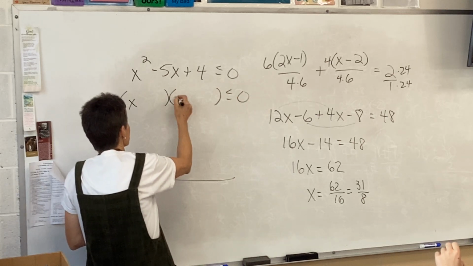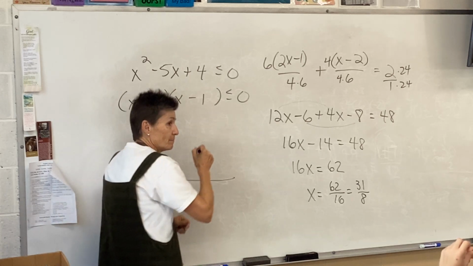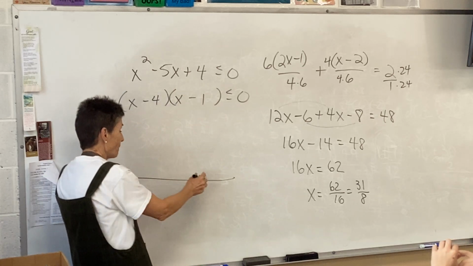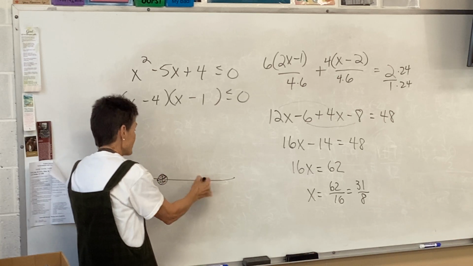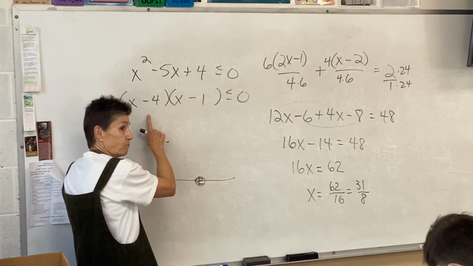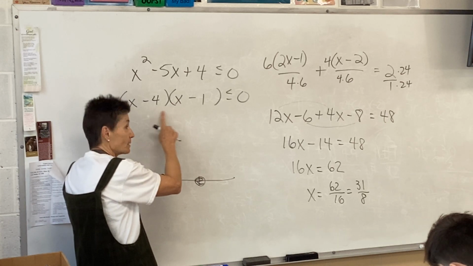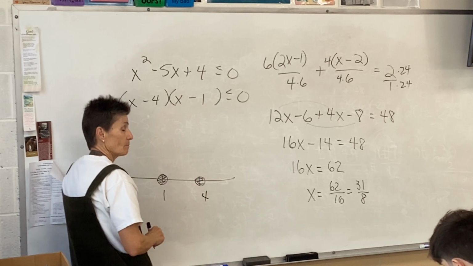Yes. So x minus 4, x minus 1, which means on my number line, my solid dots are going to be at positive 4, positive 1, so 1 and 4. Good.